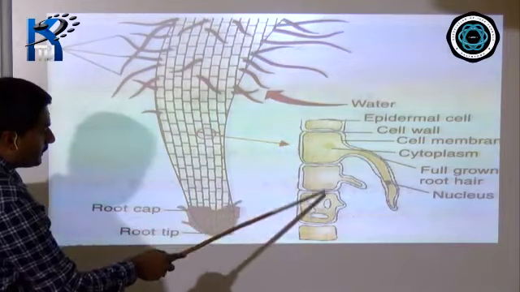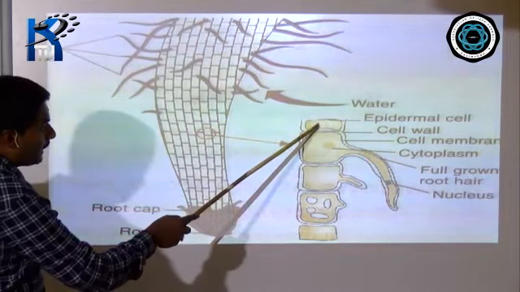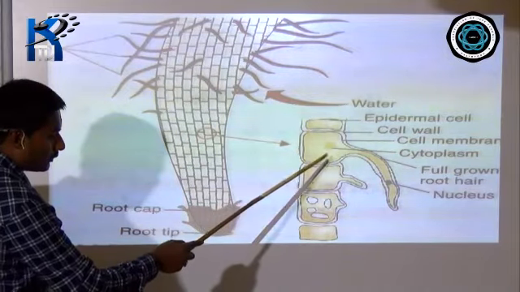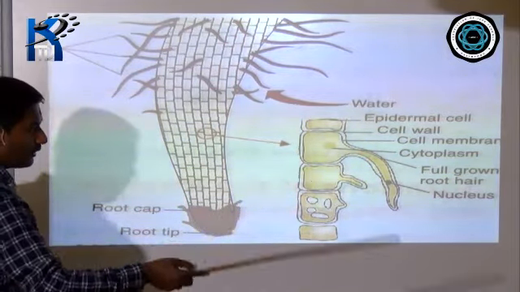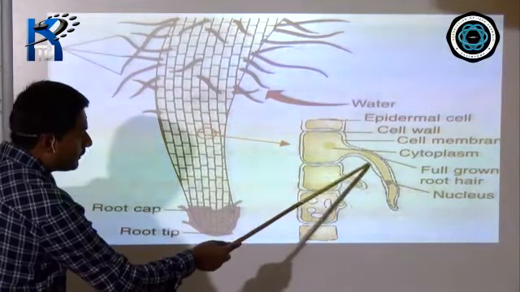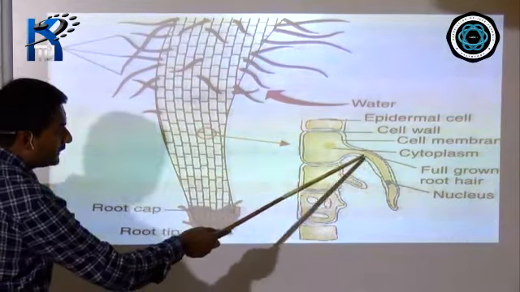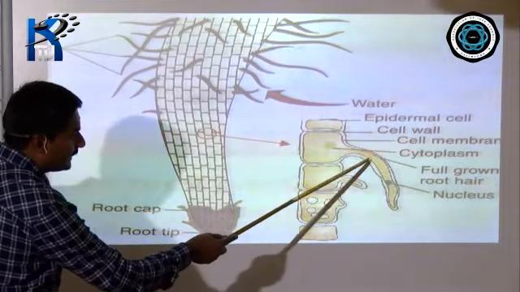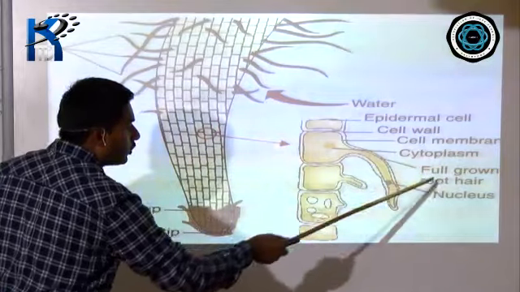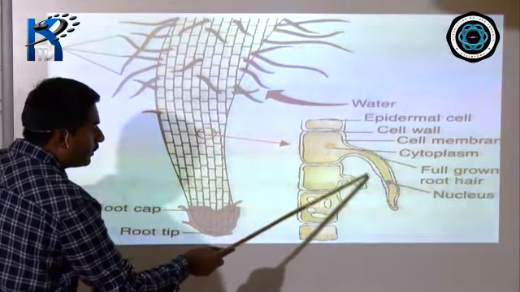Each of these is an epidermal cell. Due to the action of water, we'll come to that physiological part afterwards, the epidermal cell has got extended. This extended epidermal cell results in a full grown root hair.